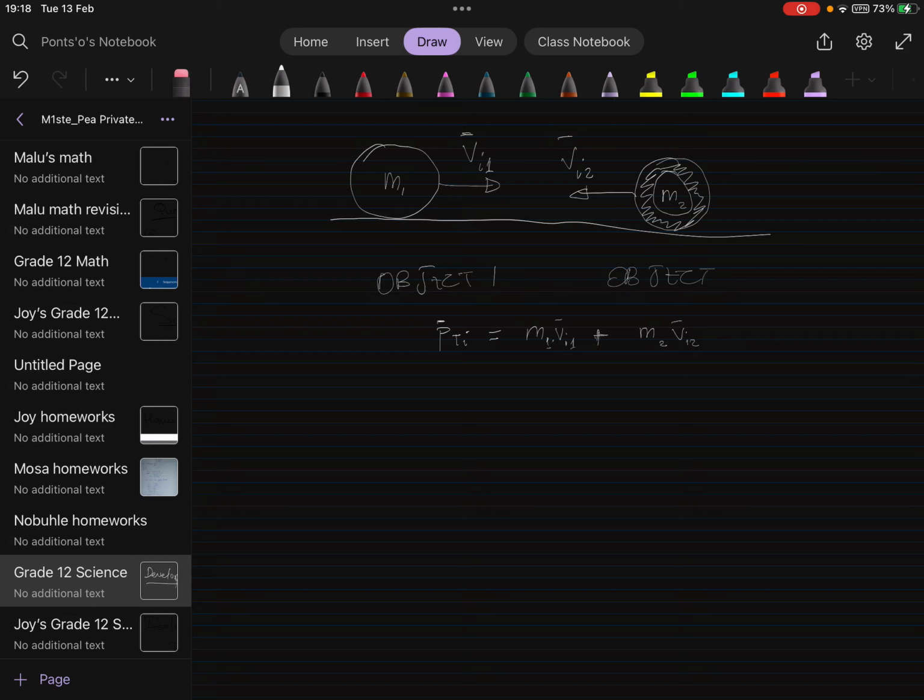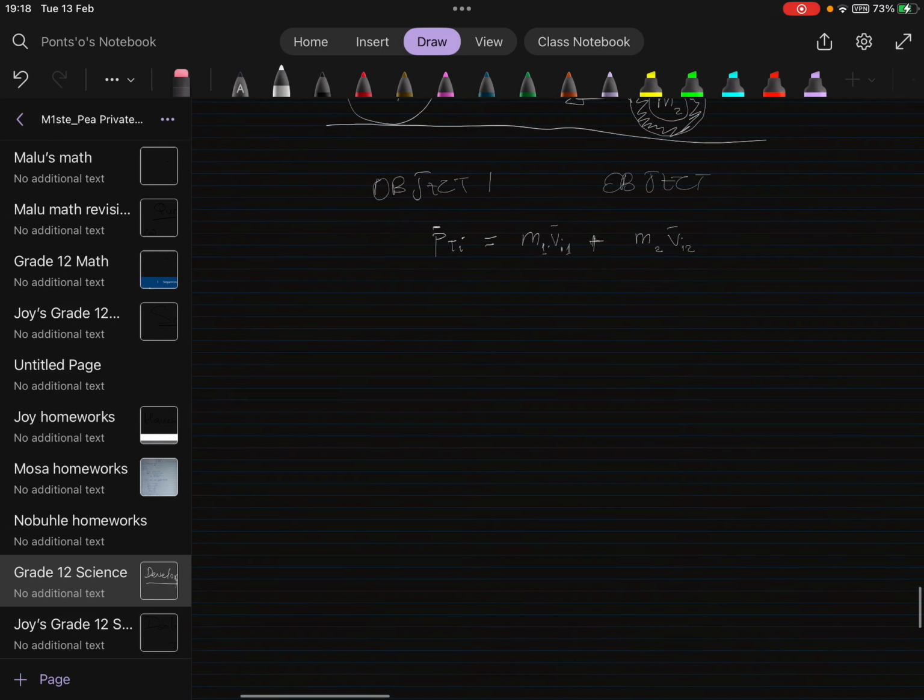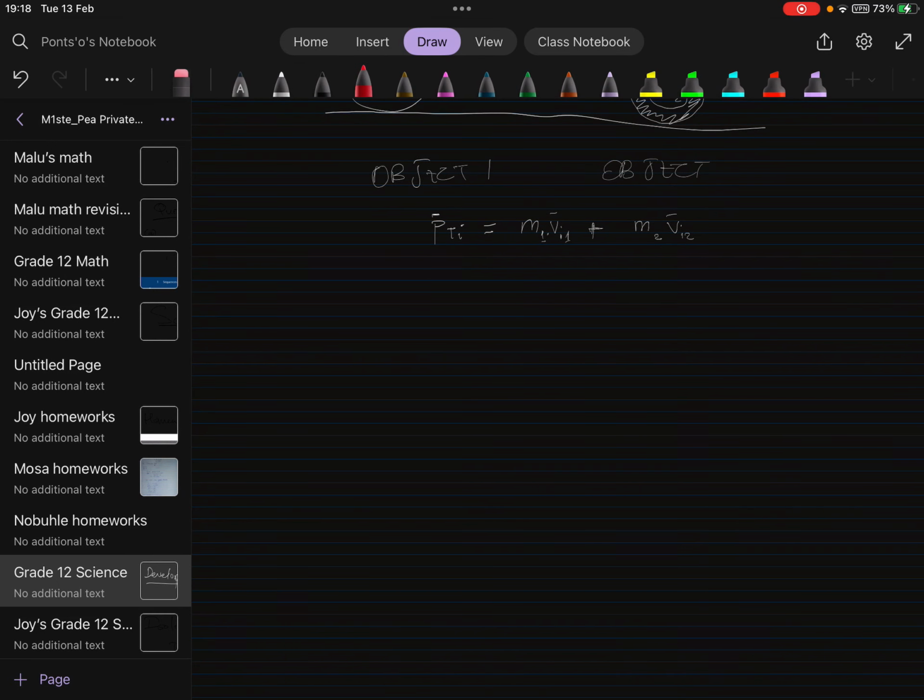In other words, P Ti, the total initial momentum, equals the momentum of the first object plus the momentum of the second object. Now, we're going to picture that these two objects collide, right?